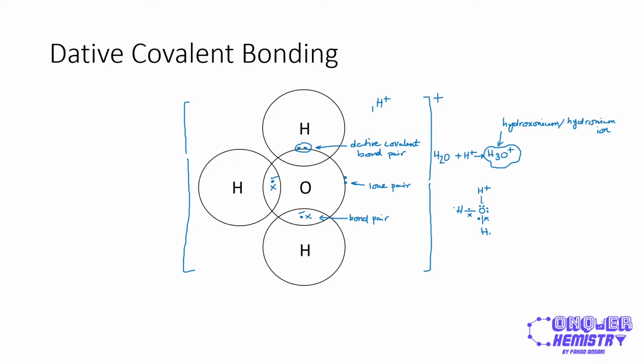So we show that using a single line but with an arrow on it, right? This arrow points from the source of the pair of electrons that are used in the dative covalent bond. In this case, it's the oxygen that has the lone pair that is shared between itself and the hydrogen ion that has no electrons. It is electron deficient, but it needs to form a covalent bond. So this is the type of covalent bond that it forms, which is dative.